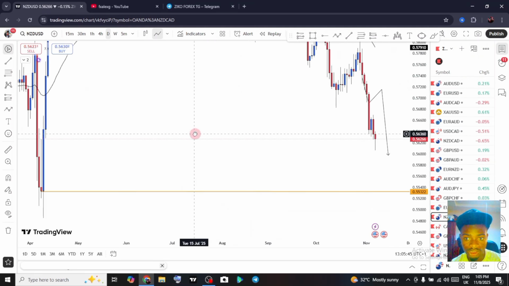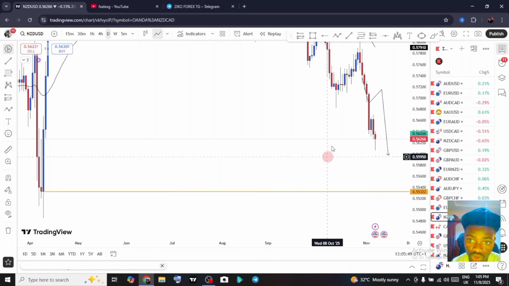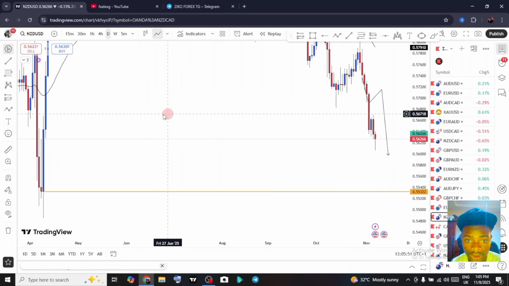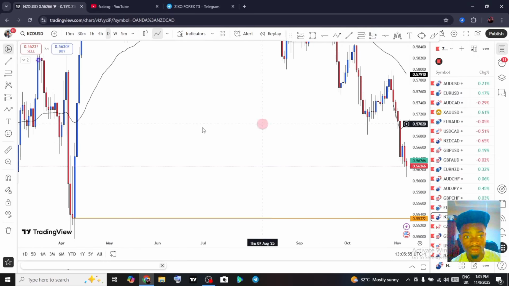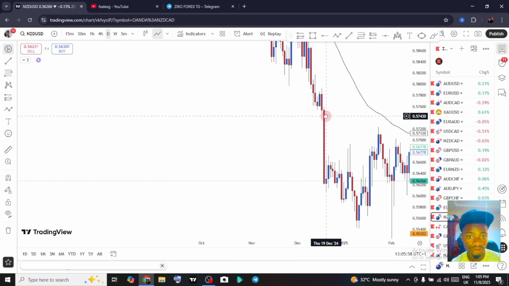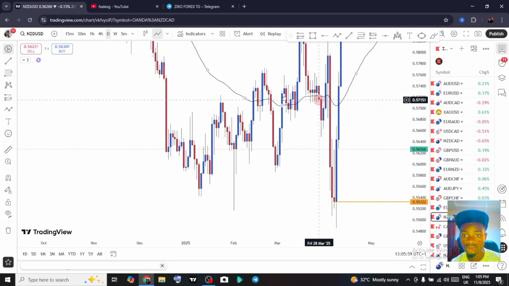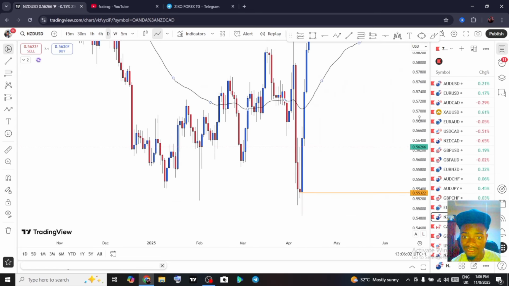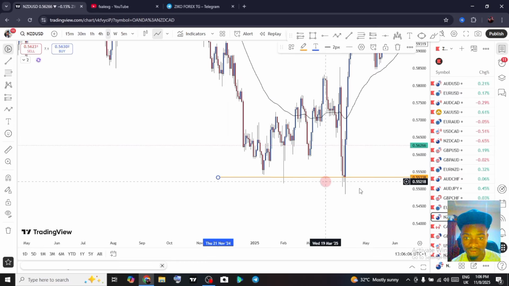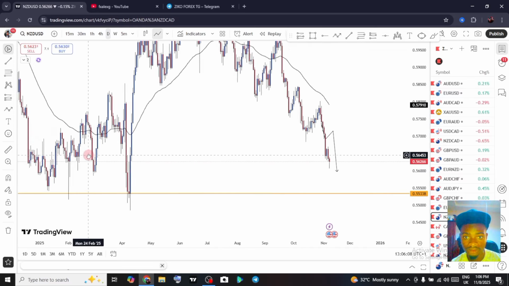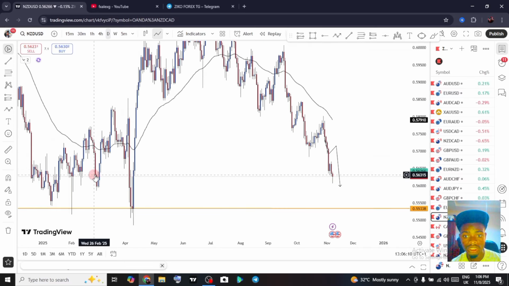But price has not really gotten to the final take profit target, which simply means we should just be looking for sales, but there's no area for me. To me, these areas are way too far. I like current price data more than far price action, right? So I'm not going to be forcing any trades, like I said.